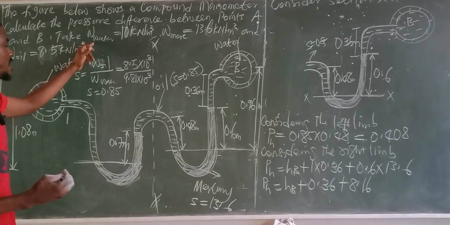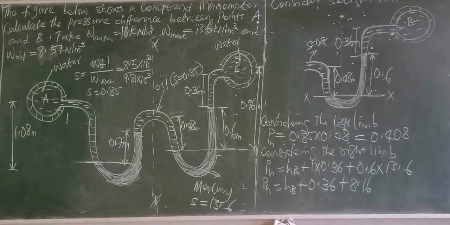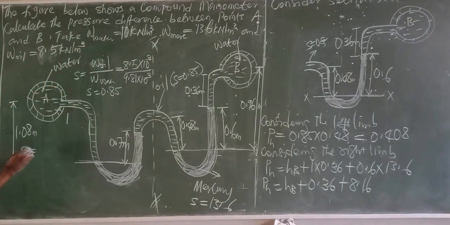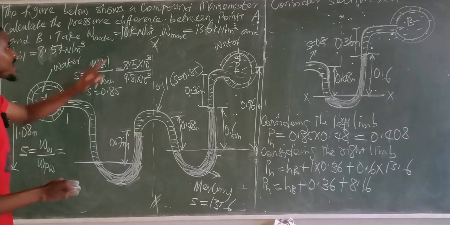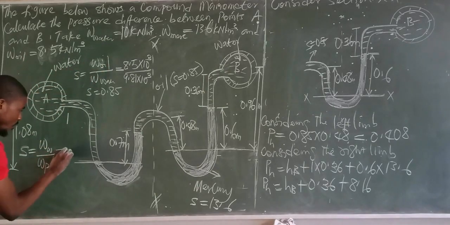That means to obtain the specific gravity of water, remember, specific gravity has a formula. It is simply the specific weight of the object you're talking about, in this case the specific weight of water, all over the specific weight of pure water. And specific weight of pure water has a constant value. Now, in this question, specific weight of water was given to us as 10 kilonewtons. So this becomes 10.